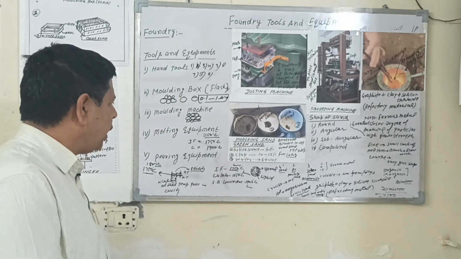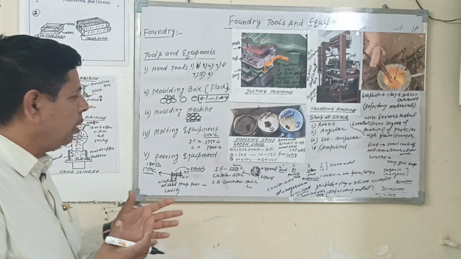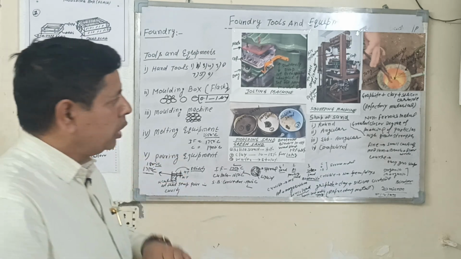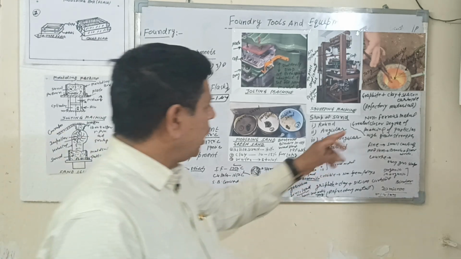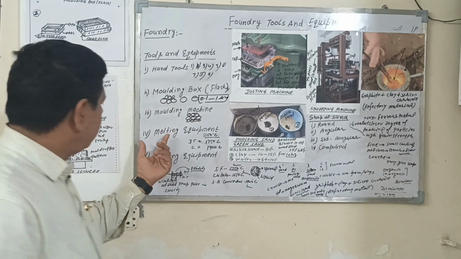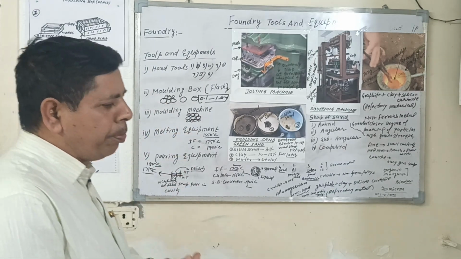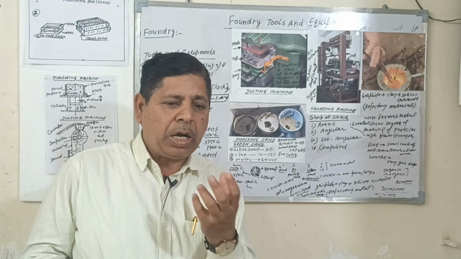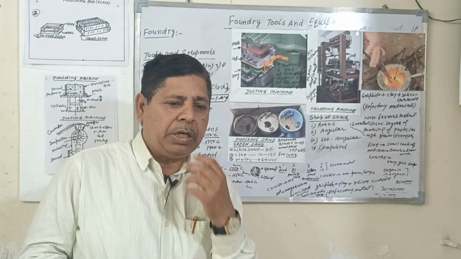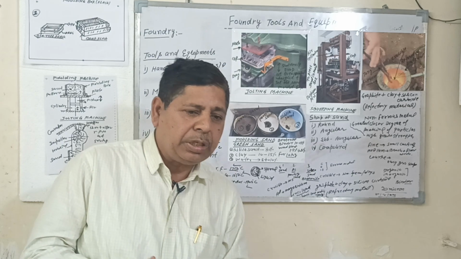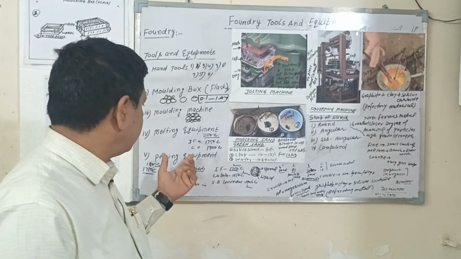The metal is heated for pouring into the cavity. The metal is heated in different types of melting equipment, such as a cupola, open hearth furnace, induction furnace, and crucible.